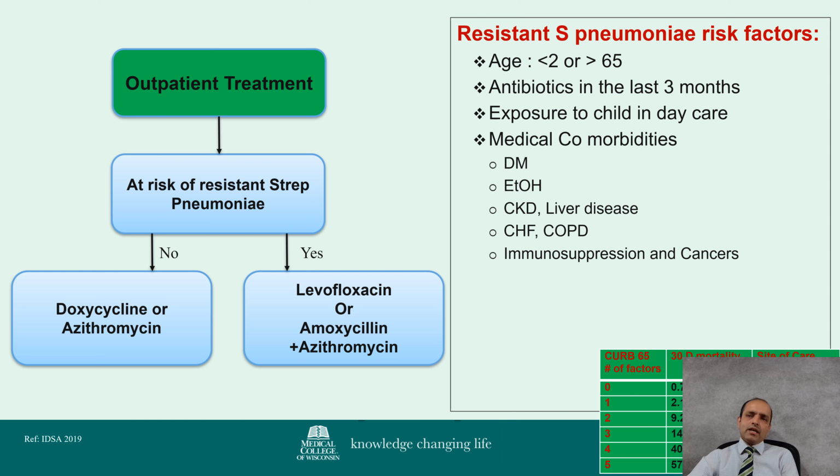If answer is yes, you start levofloxacin or you combine amoxicillin with azithromycin. If answer is no, you give doxycycline or azithromycin. So what are the risks of resistant streptococcal pneumonia? An antibiotic in the last 3 months, exposure to child in daycare, medical comorbidity, which has been listed over here.